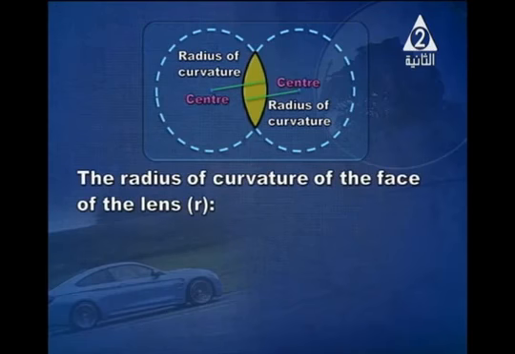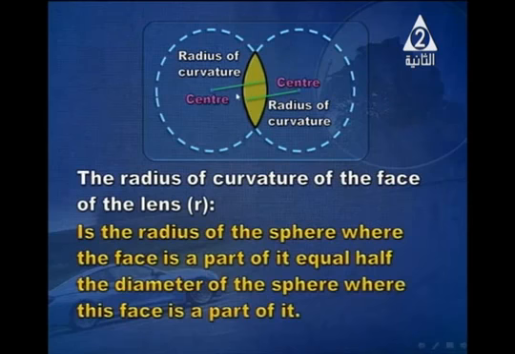The radius of curvature of the face of the lens, abbreviated by R, is the radius of the sphere of which the face is a part, equal to half the diameter. We know that the radius of the sphere is half the diameter of this sphere.